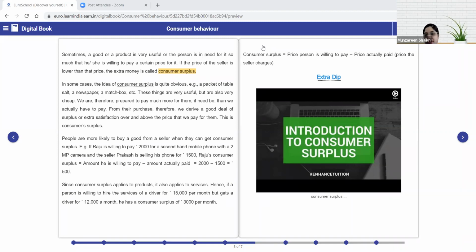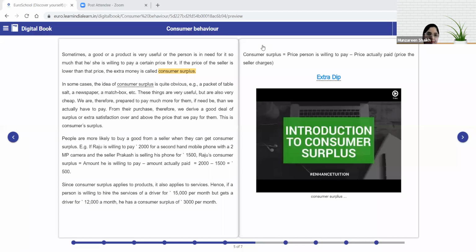So he has that feature, and instead of paying 2000, he landed up paying 1500. The 500 rupees which he saved is called consumer surplus.